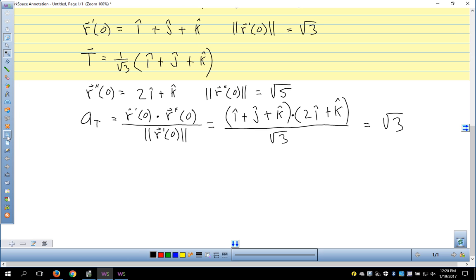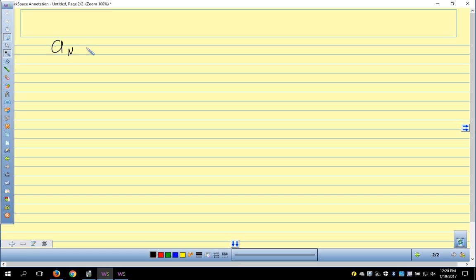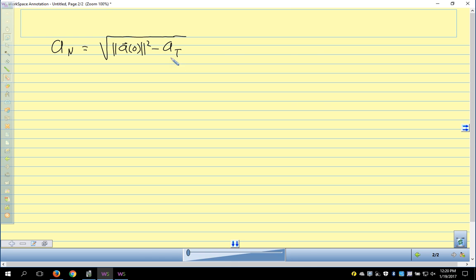Our normal component of acceleration, a sub n, we could use our cross product, but we have a much nicer formula. Square root of the magnitude of our acceleration at 0 squared minus the tangential component of acceleration at 0 squared.